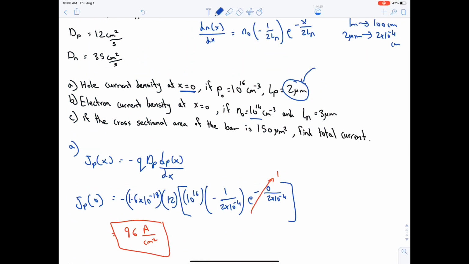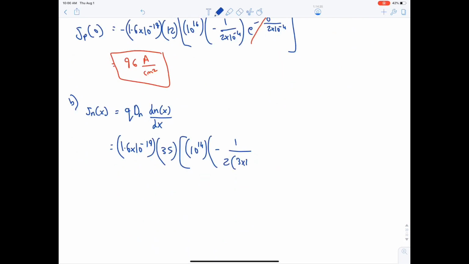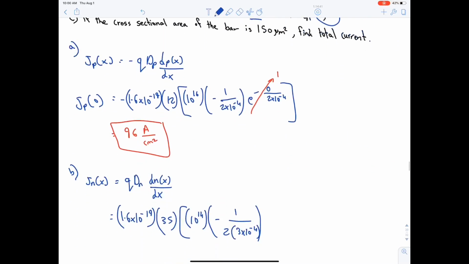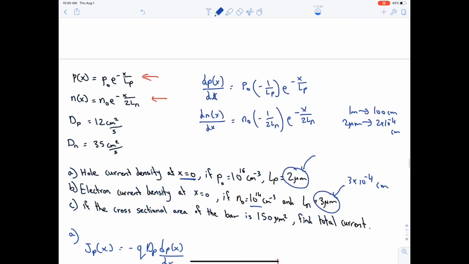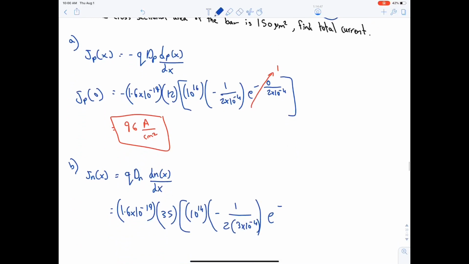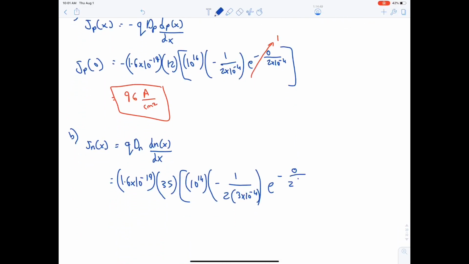What is Ln? Ln is 3 micrometers. Again converted, it will be 3 times 10 to the minus 4 centimeters. And then multiplied by the exponential e to the minus x, which is 0, over 3 times 10 to the minus 4.